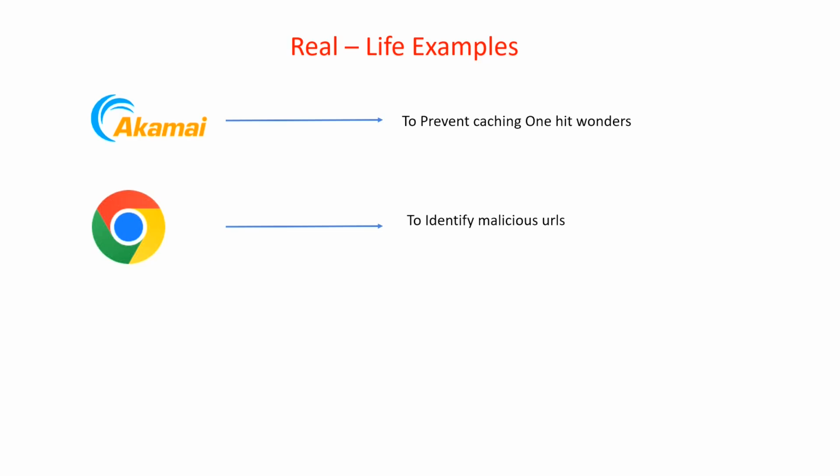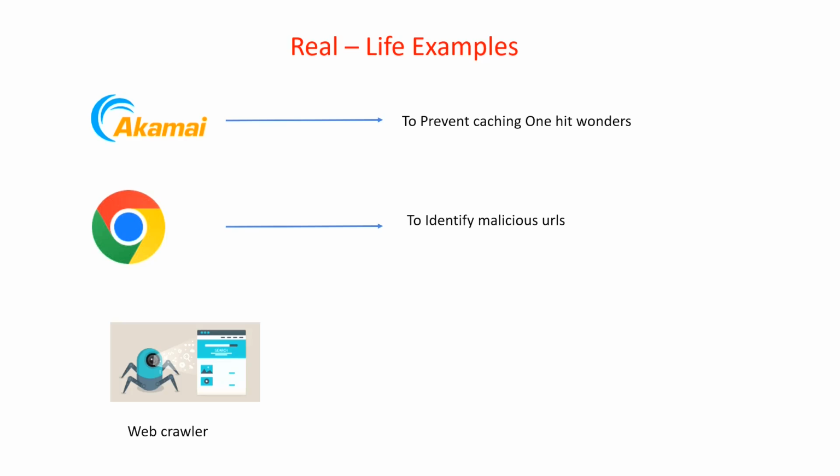It can either save all URLs in a database and search through them, or it can use a Bloom filter to identify whether it was hit by a previous malicious URL or not. So Chrome utilizes Bloom filters to find out whether a URL is malicious and prevent it.